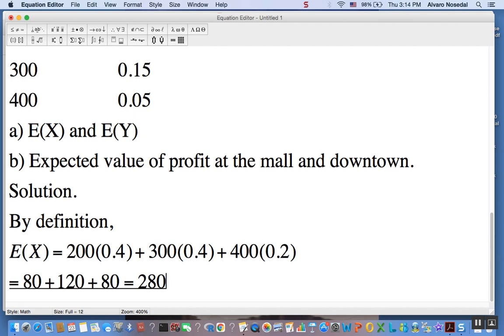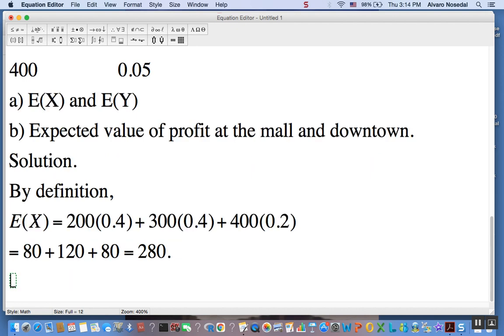Okay, so now let's find the expected value of y in a similar way. Again, we're going to be using the definition, and then that's it.